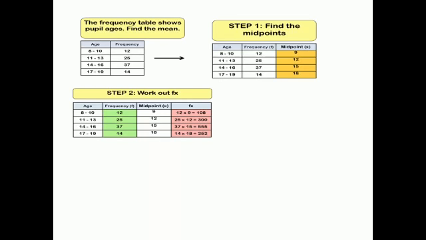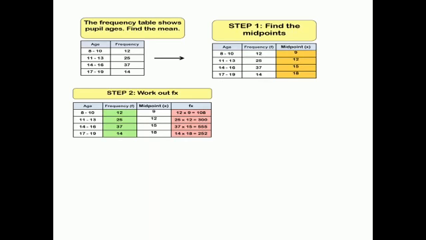So 12 multiply 9, 25 multiply 12, 37 multiply 15, 14 multiply 18. That is fx. First find the midpoint. Second, multiply the midpoint with the frequency.